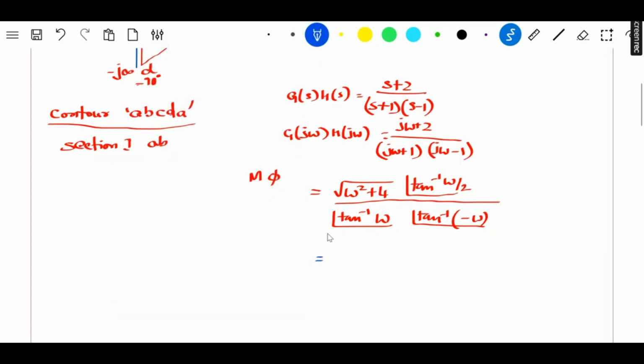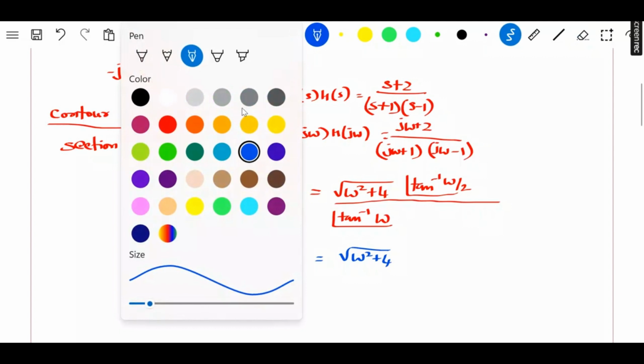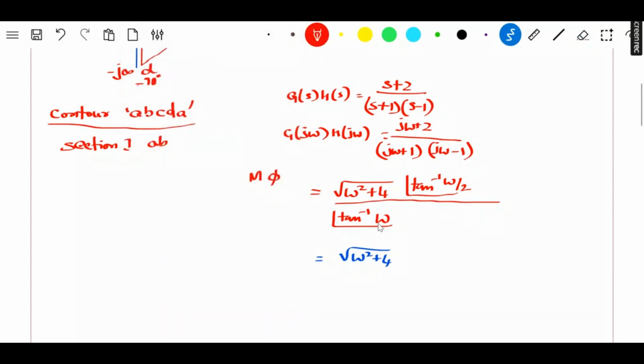Anyway, I did not write the magnitude for j omega plus 1, so let me write the magnitude first. Root of omega square plus 1 is the magnitude for j omega plus 1, and for j omega minus 1 it is again root of omega square plus 1, because minus 1 the whole square is plus 1 only.